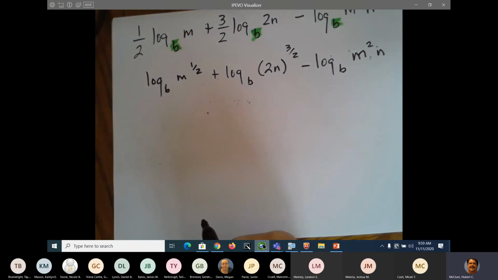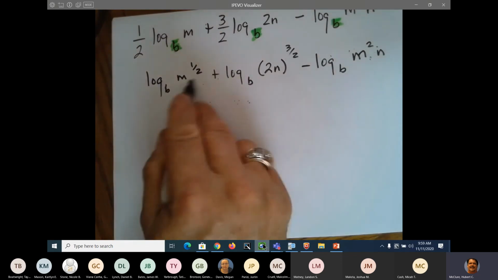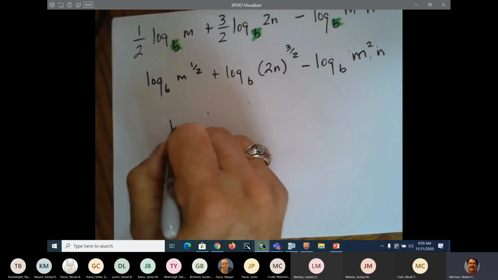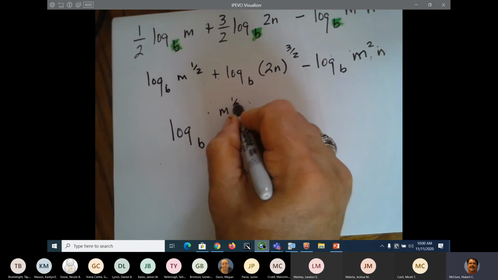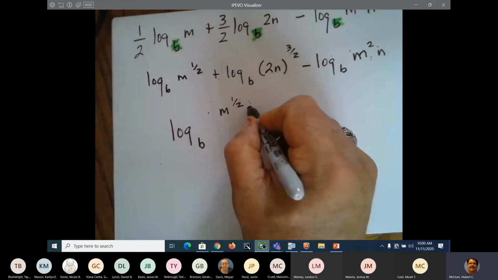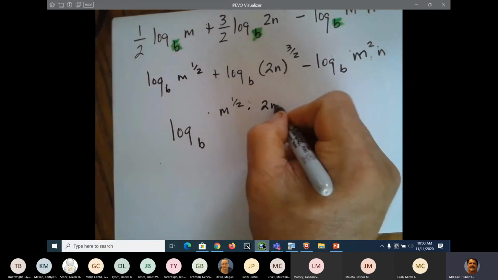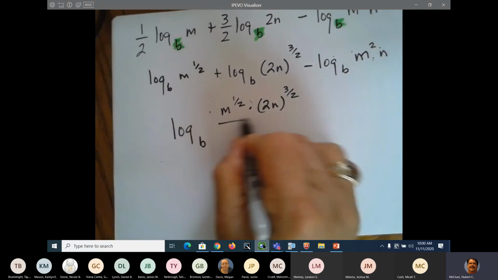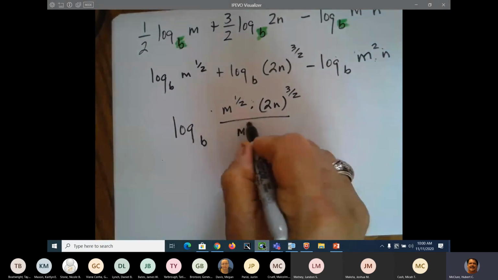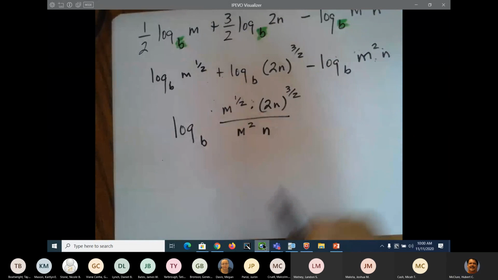And now I'm going to use the product rule here. So that'd be log base b of m to the 1/2 times 2n to the 3/2 divided by m squared n.